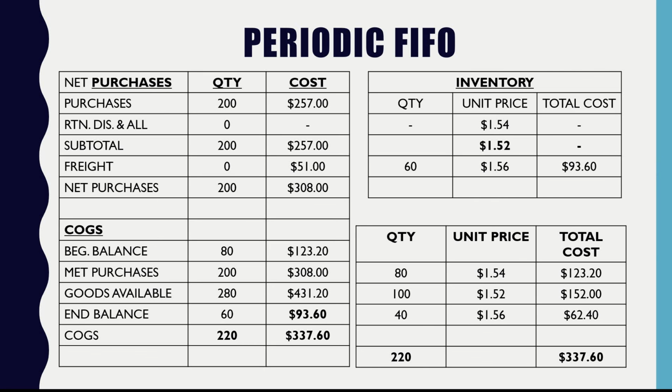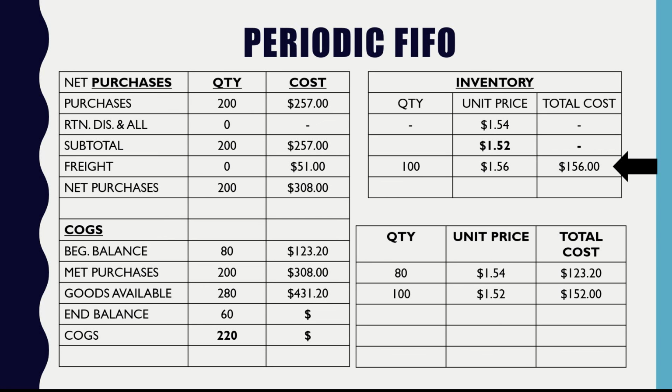I'm sorry, somebody was talking. The 93.60, is that subtracted from the 337.60, since you still have 60 left in inventory? No. Okay, so you're not subtracting it from the 337.60. If you look at the previous one, we had 100 items at 156, so you have a total of 156.